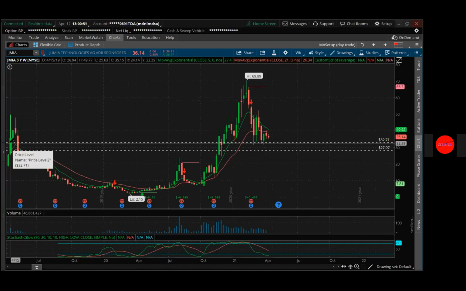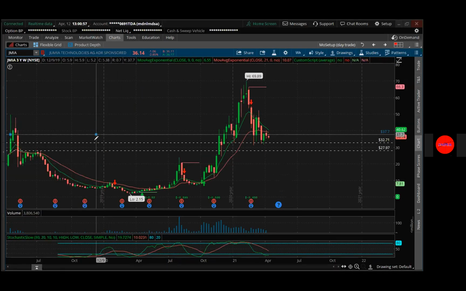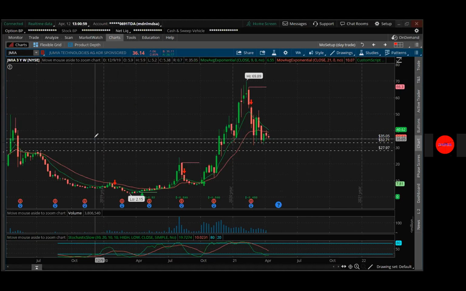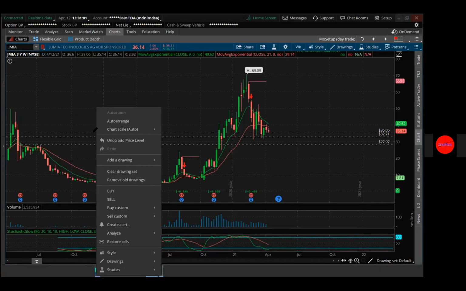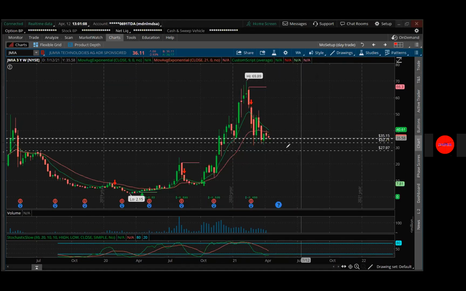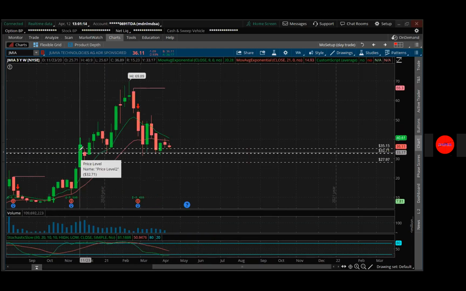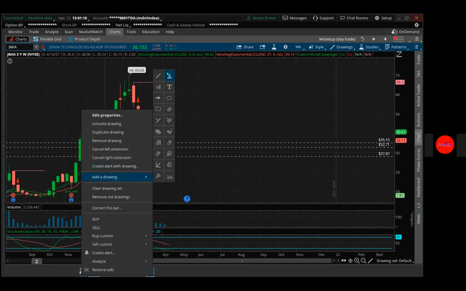All right, you could include the close on this candle, which is $35.15. You could also include this high right here of 40.9.